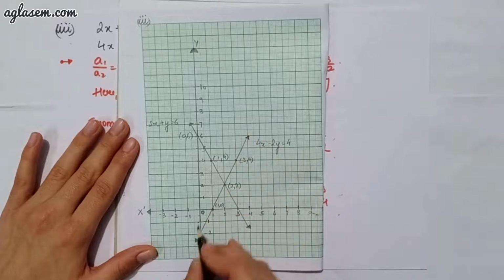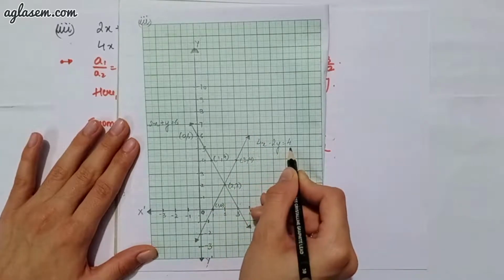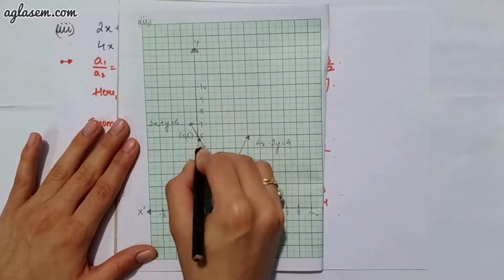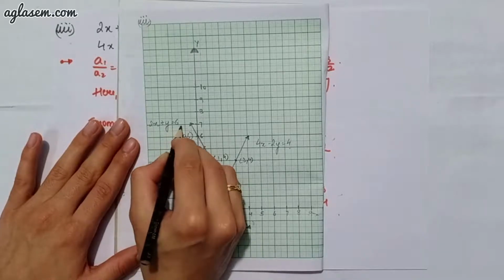This will be our first equation, that is 4x minus 2y is equal to 4, and for the second equation we have taken 0 on the x-axis and 6 on the y-axis. So it will be the second equation, that is 2x plus y is equal to 6.